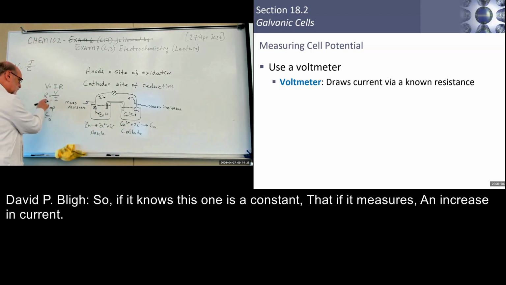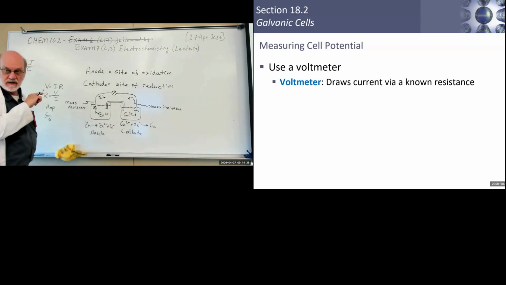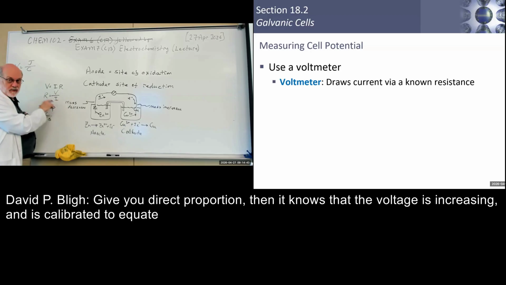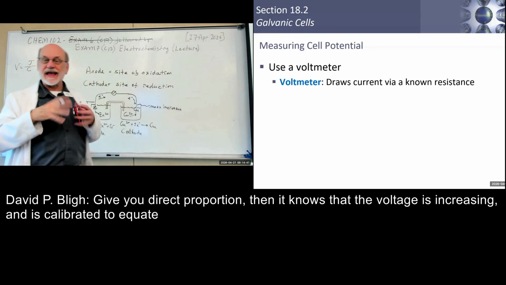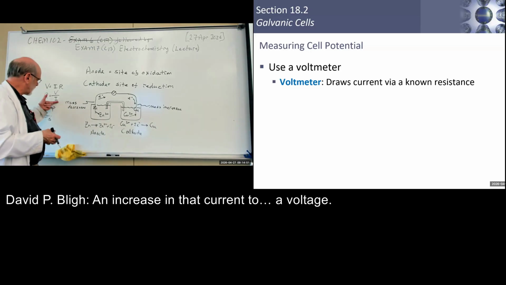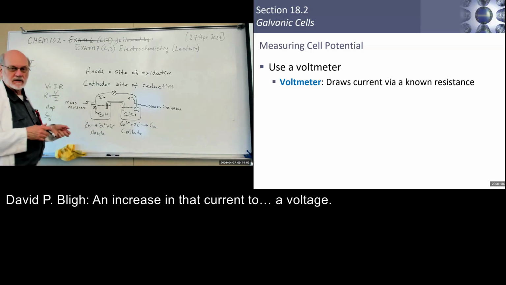So if it knows this one is a constant, then if it measures an increase in current through that resistance, this is a direct proportion, remember, quotients give you direct proportion, then it knows that the voltage is increasing and is calibrated to equate an increase in that current to a voltage.